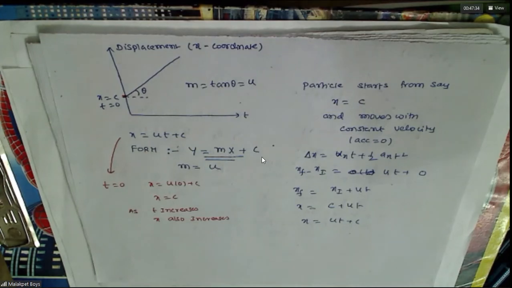If the power of any one variable is greater than 1, then the graph will be a curve. Understood this?